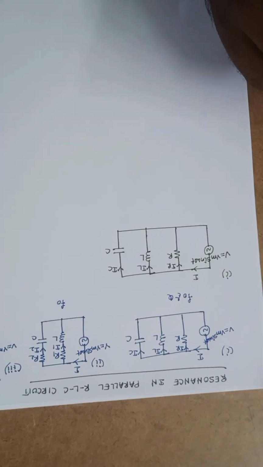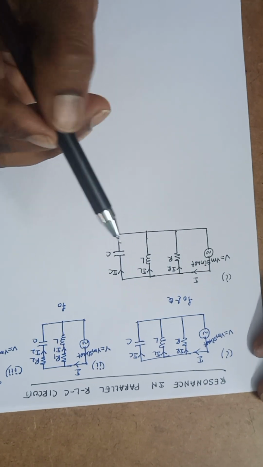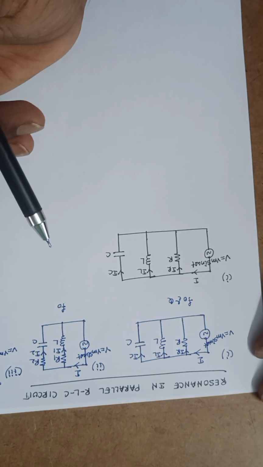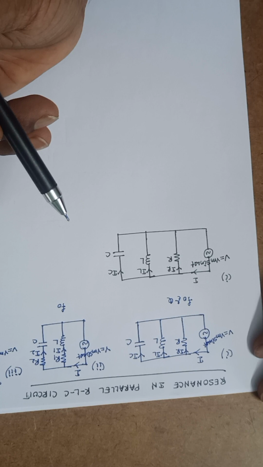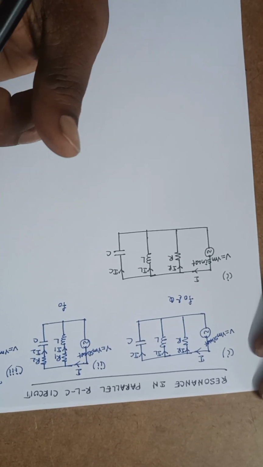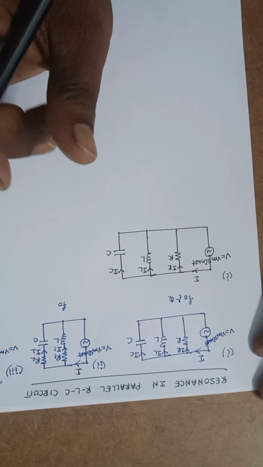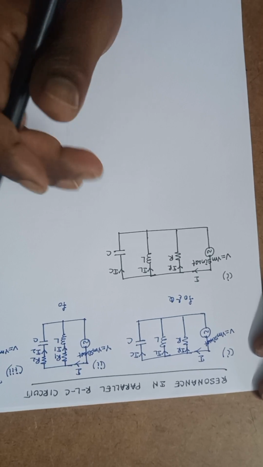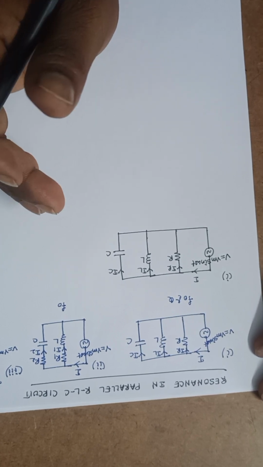If we want to find the resonance frequency for any circuit, not only parallel or series circuits, the procedure is the same. If you calculate the impedance, we need to make the imaginary part of that impedance equal to 0. In case of a series RLC circuit, the imaginary part of the impedance should be equal to 0. In case of parallel circuits, the imaginary part of the admittance should be equal to 0.